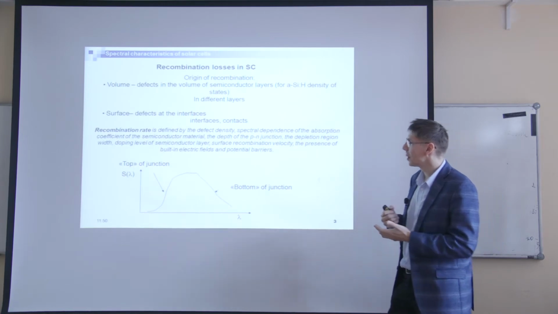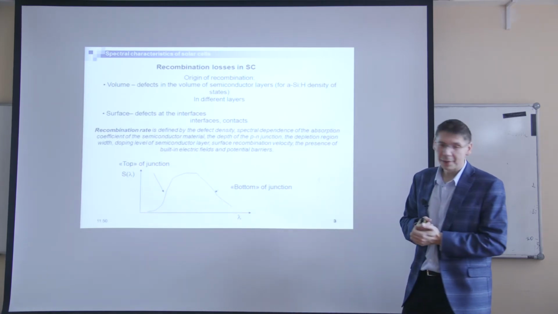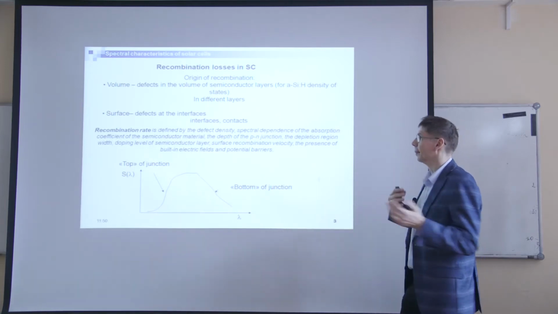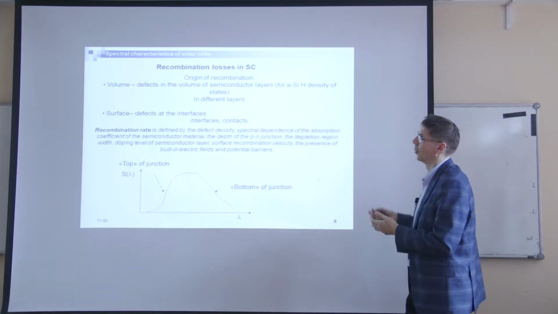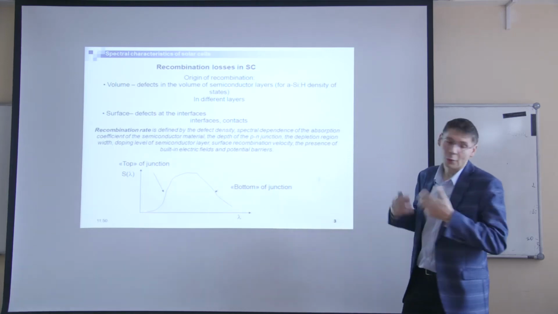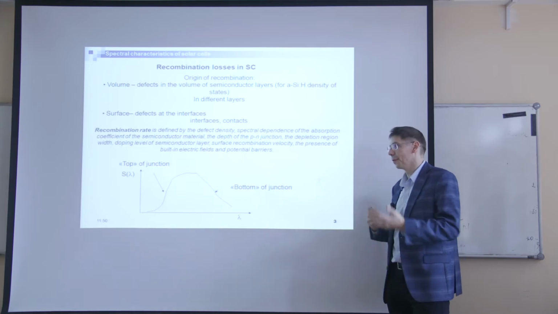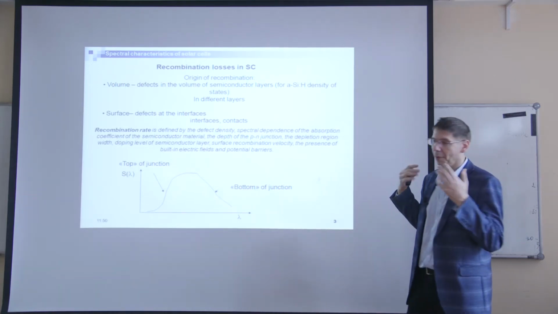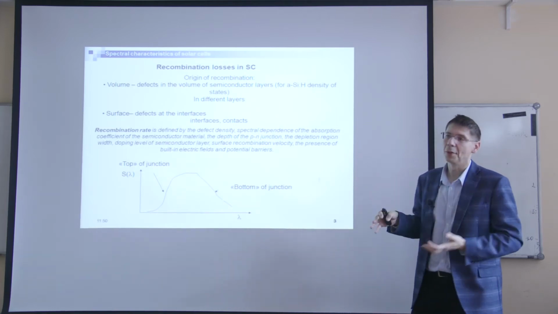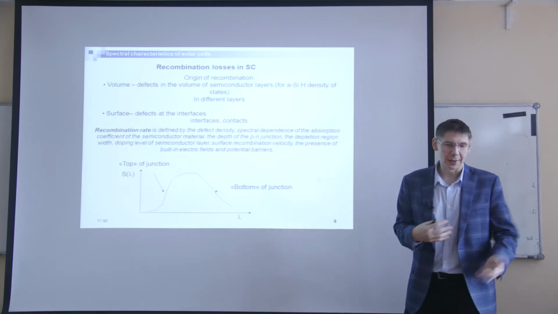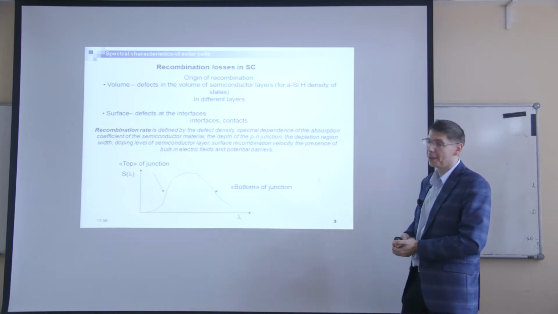Concerning the recombination losses, it's a little bit more complicated. We can define that there are some volume losses, volume recombination, from volume defects. It's the conventional case when you have defects in a wafer, for example a silicon wafer, or in some layers, epitaxial layers, or plasma deposited layers.